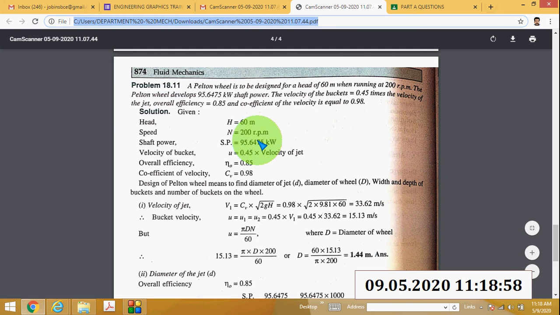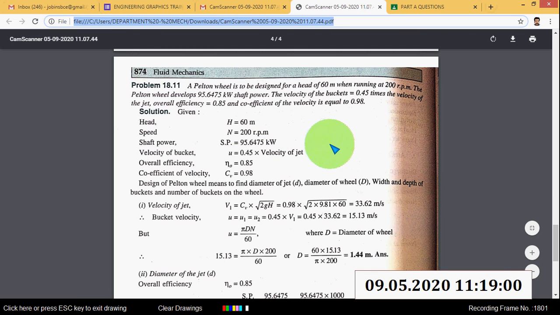Okay, so the given data are, first of all, the head is 60 meter, so head H is equal to 60 meter. Then speed is given 200 rpm, so N is equal to 200 rpm. Then the shaft power is 95.6475 kilowatt.